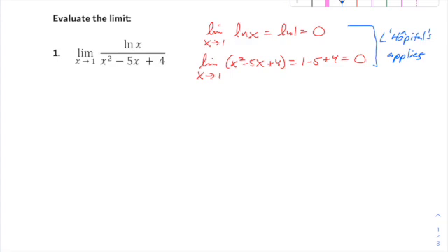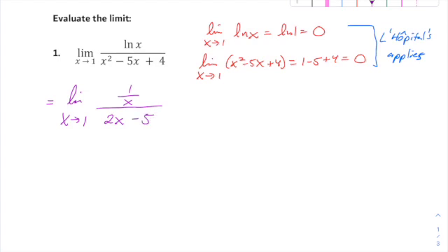So we've shown that L'Hopital's rule applies. Now let's actually use it. That means I can show that this limit I'm trying to evaluate is equal to this limit as x approaches 1 of the derivative of the numerator, ln of x, which is 1 over x. Easy derivative. The derivative of the bottom, that's straight power rule, 2x minus 5.